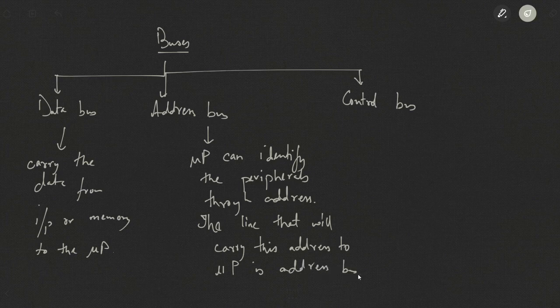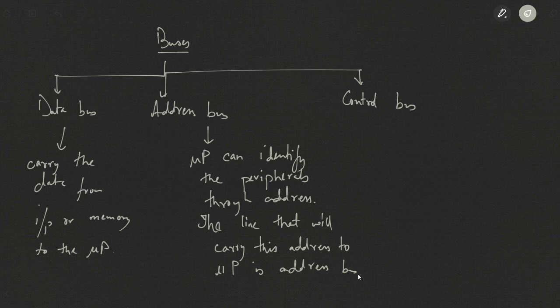These are two important buses. The data bus carries the data that needs to be processed. Both will be carrying zeros and ones only, but the data bus carries the data that is to be executed, while the address bus carries the location, or the address, of the memory from which that data needs to be collected, for example.